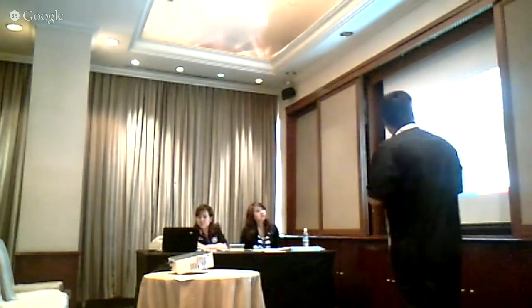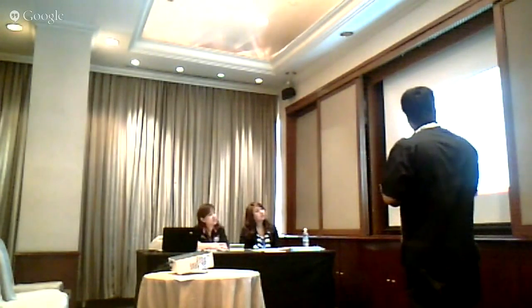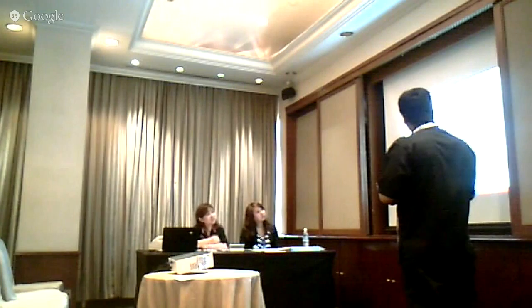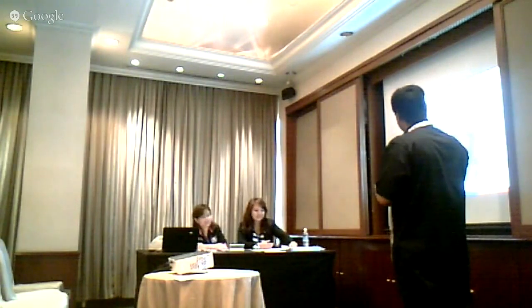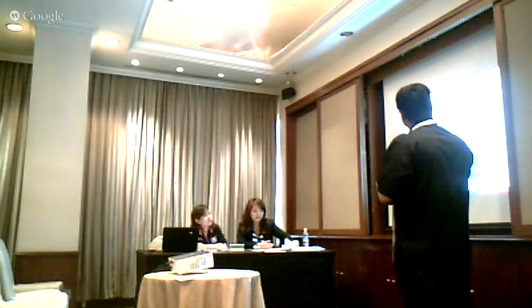Okay, next. So we need to do the 3D texturing. We need to have the rendering. Then the combination of 3D and rendered image. And we need to produce the 3D walkthrough simulation.